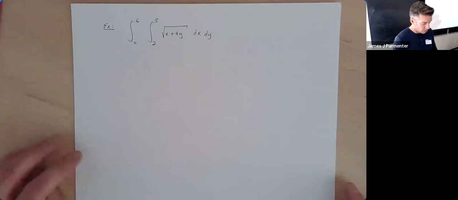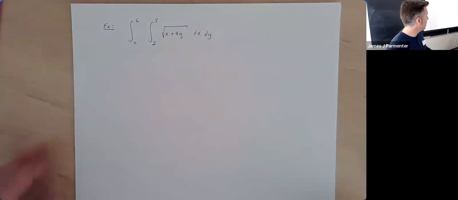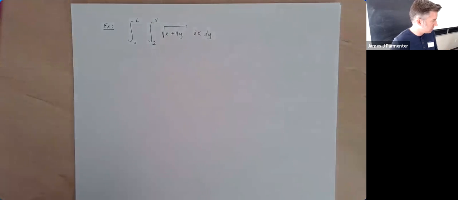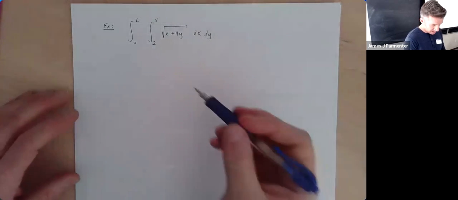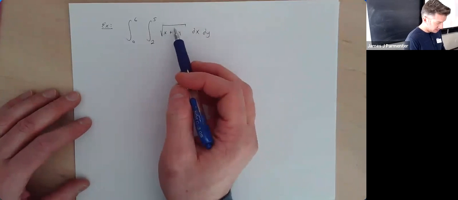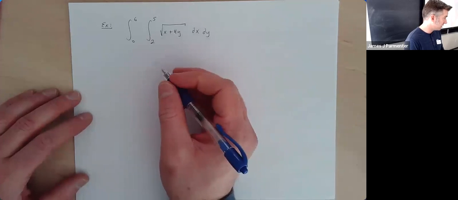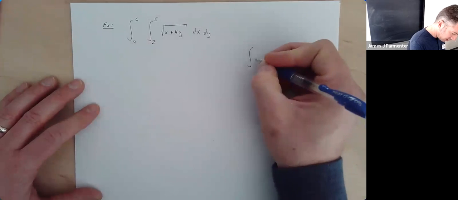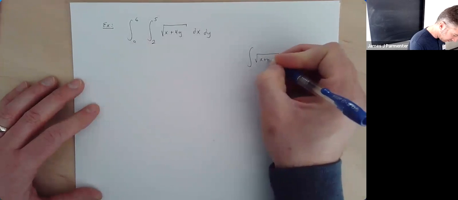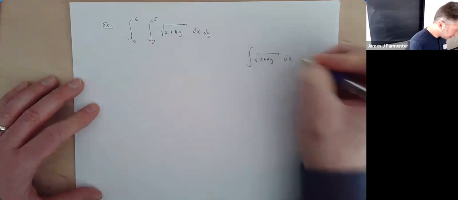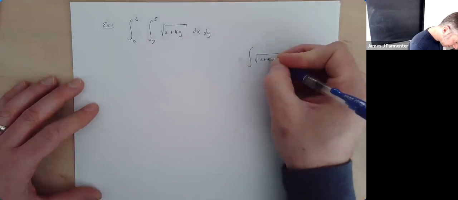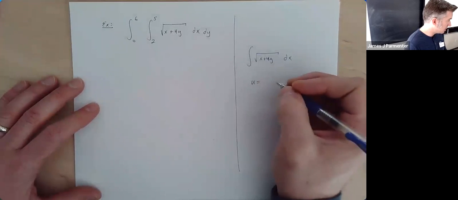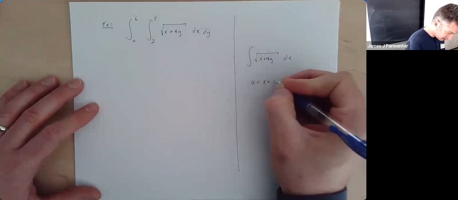So looking at this, you can do a u substitution. You don't actually have to do u sub, although I think we should talk about how it works. So inside the square root, I see x plus a constant. So for this inner integral, the integral of the square root of x plus 4y dx, I'm going to let u equal the inside stuff, x plus the constant.